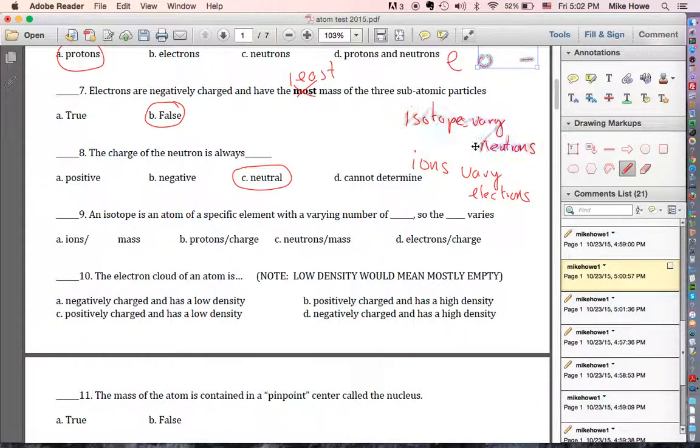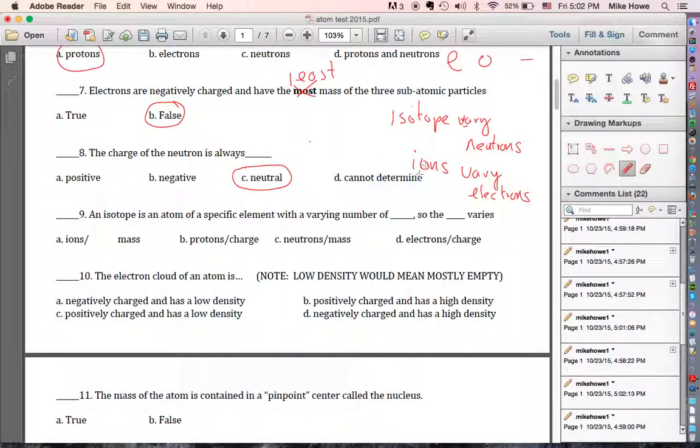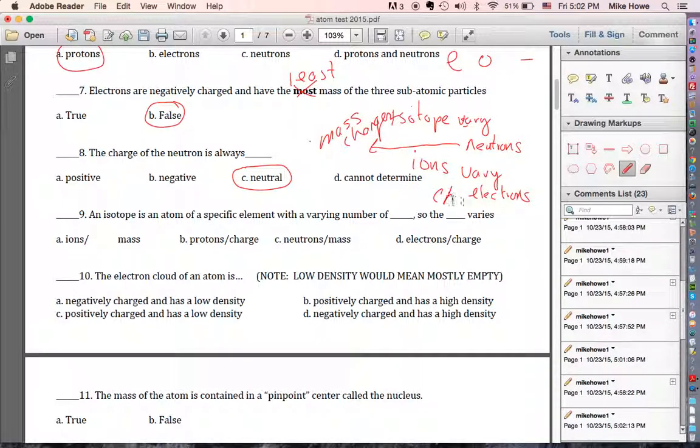If you vary the neutrons, mass changes. If you vary the electrons, charge changes. All right, so in this case, it's an isotope. So what are we varying? We're varying neutrons. So the answer has to be that one, and that does change the mass.